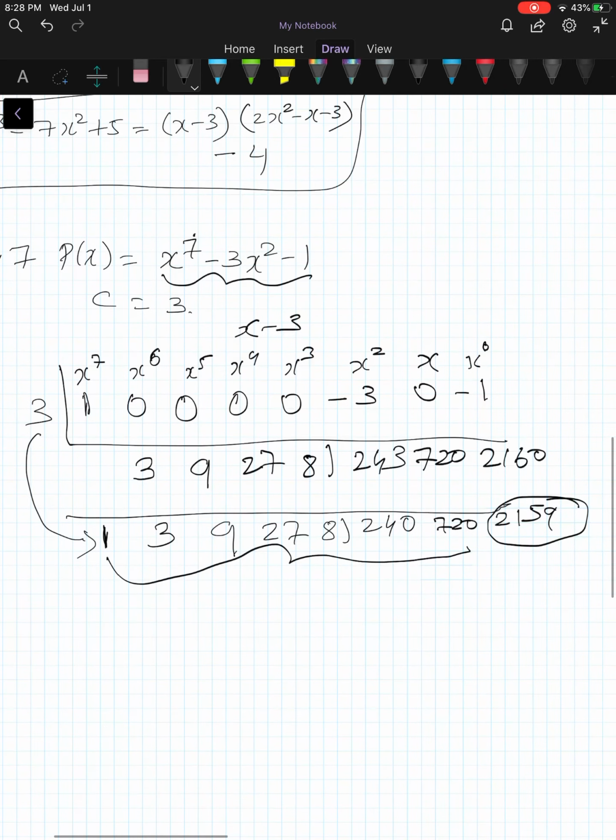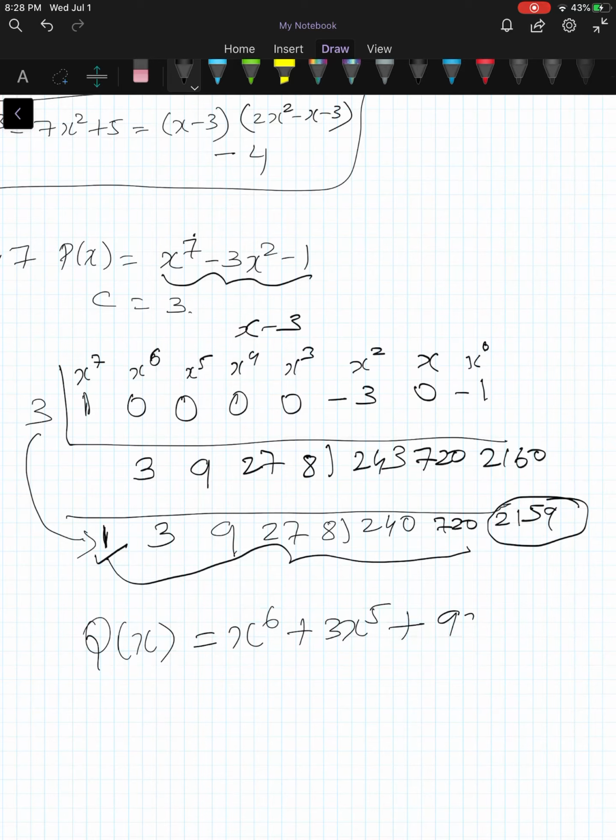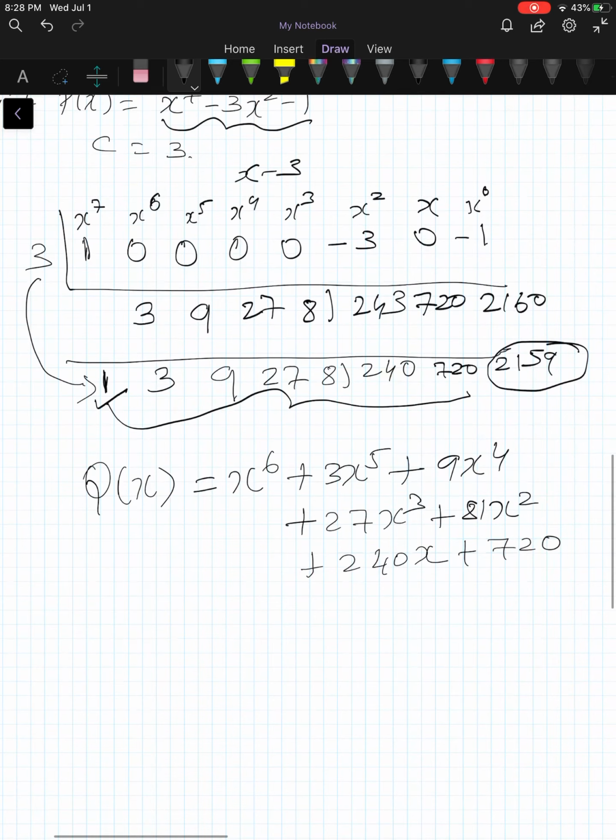So expressing this as our q of x, this 1 is the coefficient of x power 6, 3 is the coefficient of x power 5, and 9 is the coefficient of x power 4, plus 27x cube, plus 81x square, plus 240x, plus 720. So this is our quotient, and our remainder is 2159.